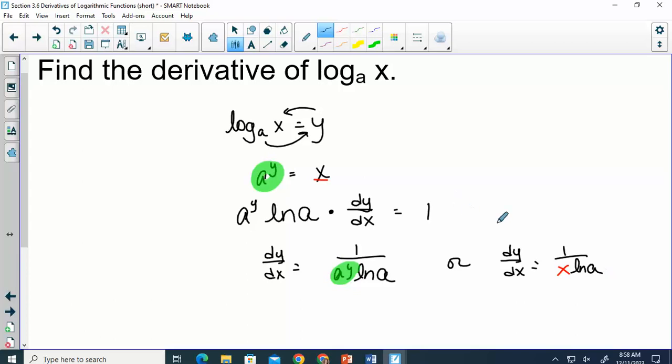So that is the rule for the derivative of a log. It's 1 over the argument times the natural log of the base. So 1 over argument times natural log of base. And of course, if the argument isn't just a plain x, we would have to do the chain rule as well, derivative of the inside.